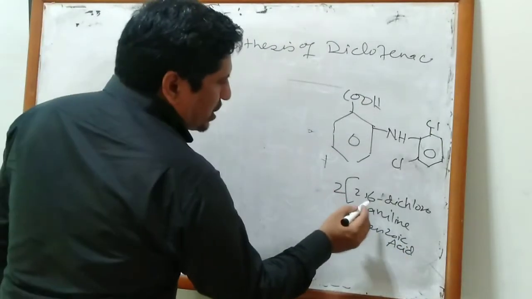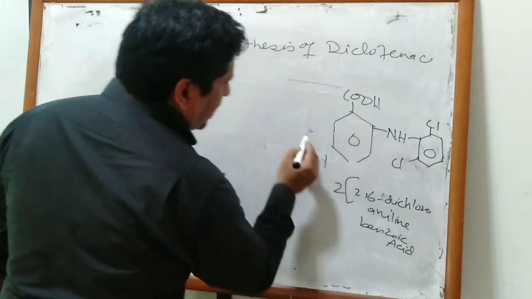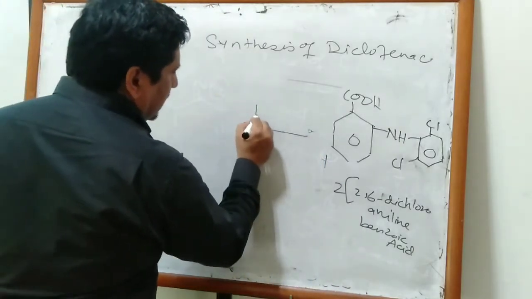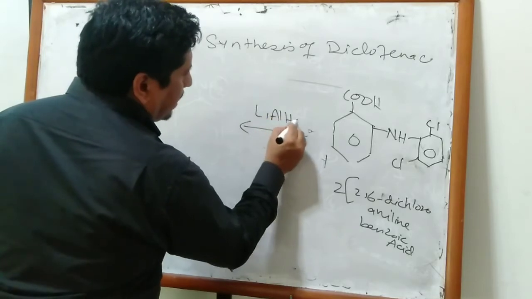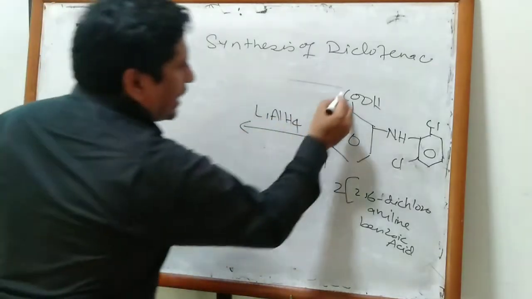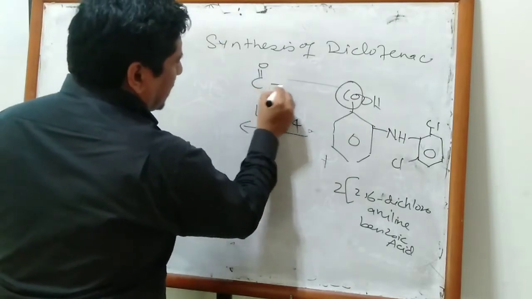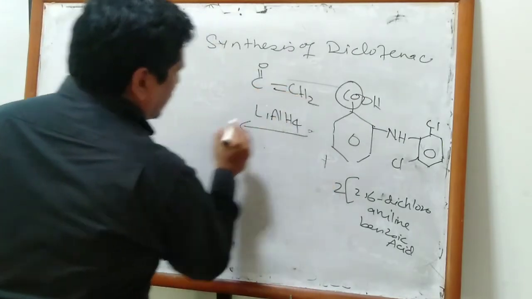When that 2,6-dichloroanilino benzoic acid is reacted with a strong reducing agent, that is lithium aluminum hydride, that carbonyl group will be reduced. That carbonyl group will be reduced into CH2.